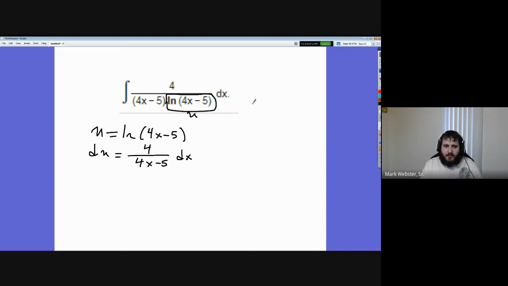So the thing of it is, experiment. Look around, because you're going to find the answers in the most unlikely of places sometimes. So we got the u here. That's in the denominator. So this is 1 over u. And then du.